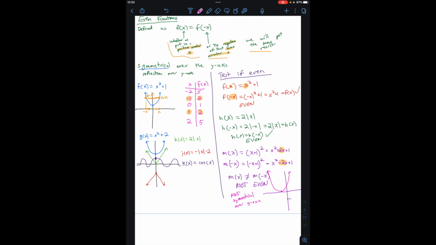It does have symmetry. It is symmetrical over its vertex, or this axis of symmetry at x equals negative 1. There is a symmetry there, but it's not symmetrical over the y-axis, which is our definition of even function. f of x has to be f of negative x. So it sort of fails that test, and we would say it's not even.